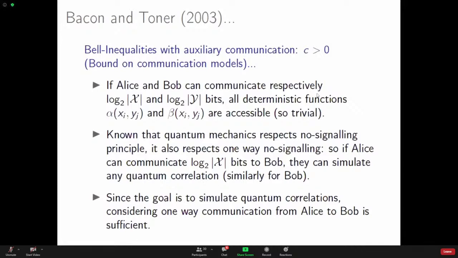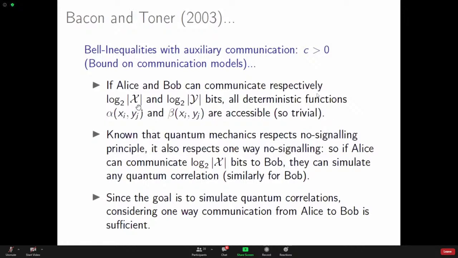So now one can see that in some sense, to have these communication models or auxiliary communication Bell inequalities, there should be some restriction on C, otherwise they can become trivial. For example, if Alice and Bob can communicate log x, like the number of measurements Alice has, in bits, then all these functions become accessible, and so this is trivial.